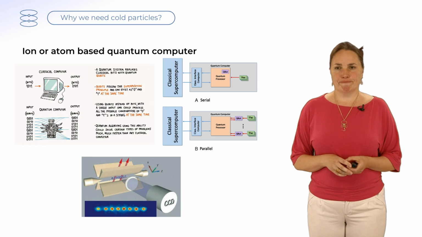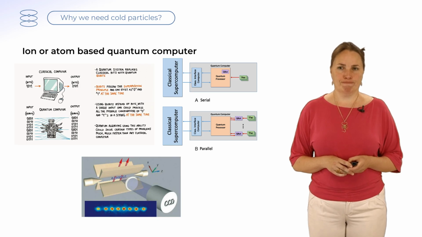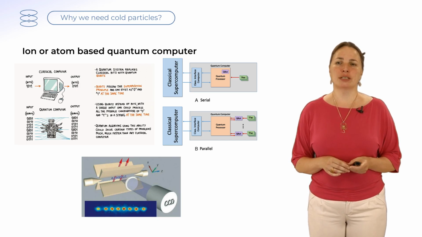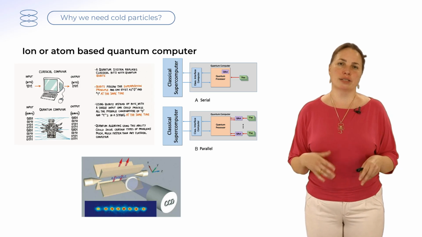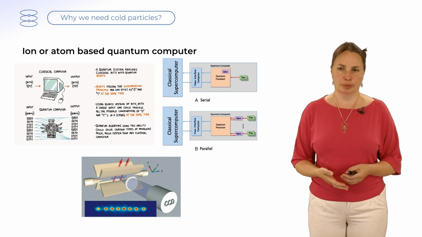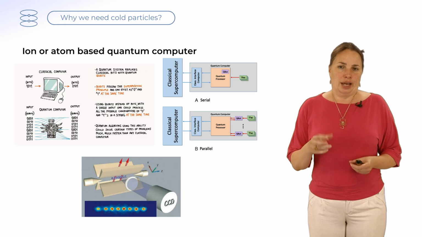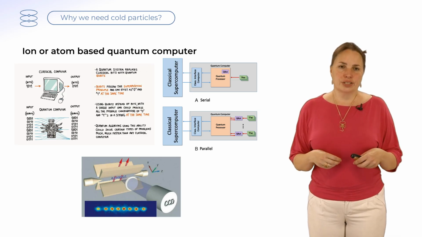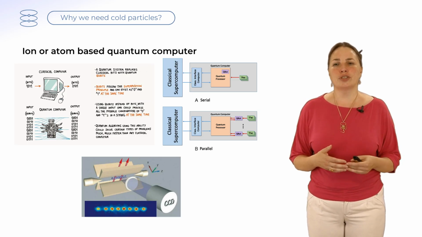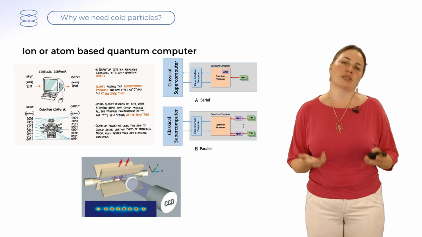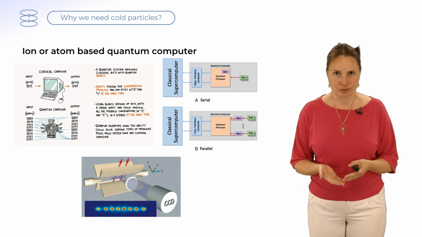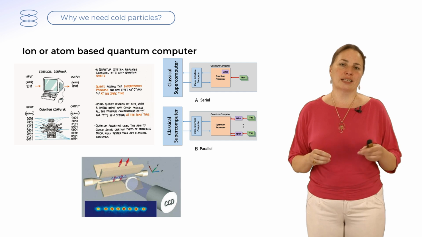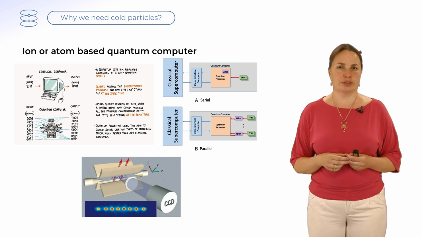Okay, what else? Quantum computer. Atoms and ions today are considered as the basis for quantum computing. The quantum computer is somehow very similar to a usual computer, but the encoding of the information is different.